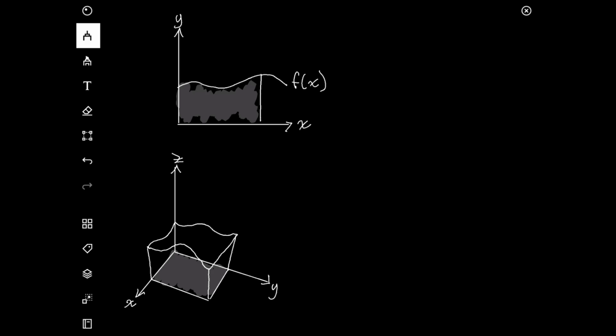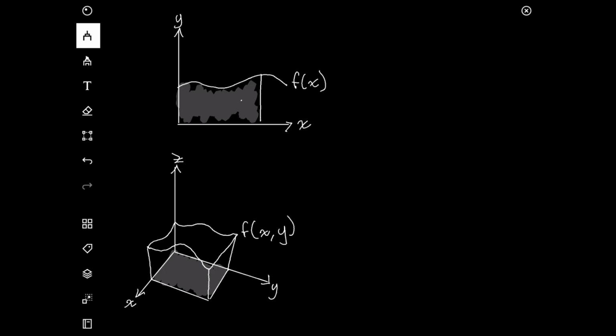Okay, so in a double integral, instead of finding the area under the curve, we're finding the volume under the function, right? We'll call this f of x, y. Okay, so in the first one, we have a single integral. Second one, we have a double integral.